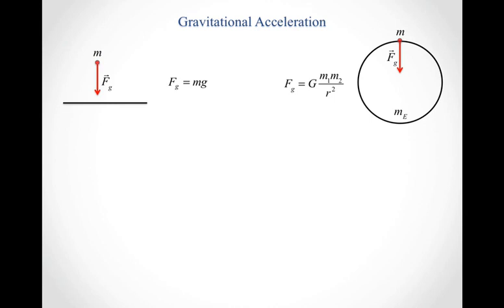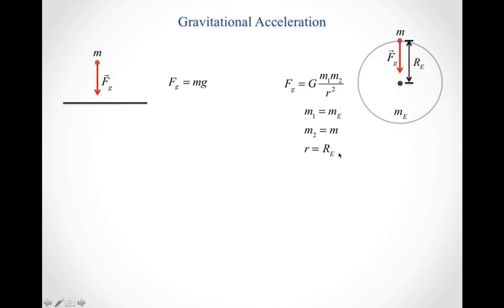So we're going to rearrange this expression. Mass 1 will be the mass of the Earth. Mass 2 will be the other mass sitting at its surface. And the distance between those two particles, when we treat the Earth as a particle at its center of mass, is simply the average radius of the Earth.